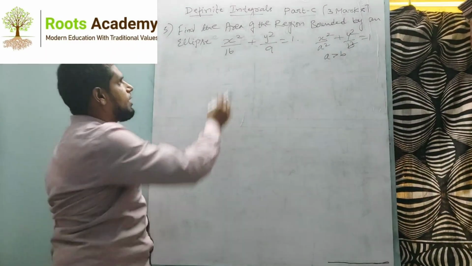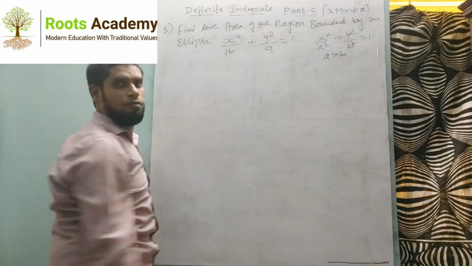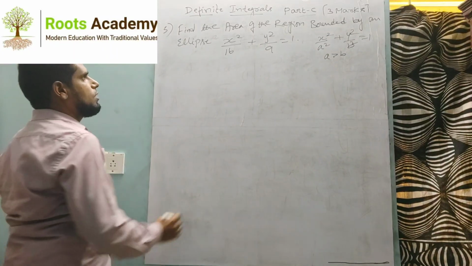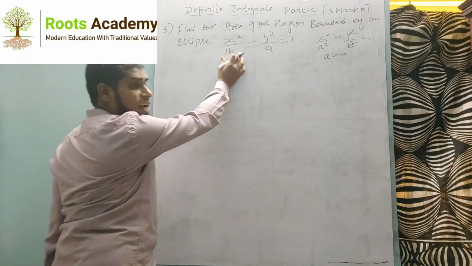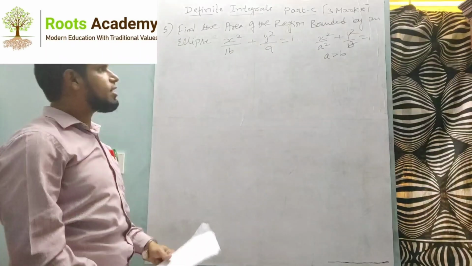And we know that a is the point on x-axis, b is the point on y-axis. So its major axis is on x-axis, minor axis is on y-axis. All these things we studied.